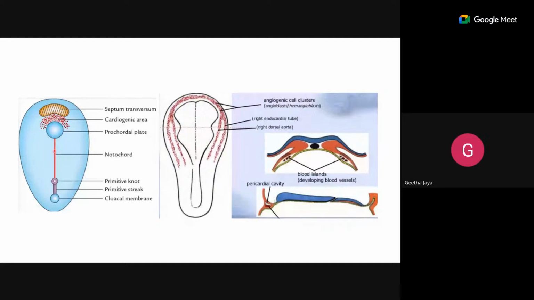Because of these structures, there is a cranial fold and caudal fold, also called the head fold and the tail fold. This is the craniocaudal folds. Like that, because you have somites developing on either side of the neural tube, there will be lateral folding. As a result, you have four folds, that is cranial fold, caudal fold, and two lateral folds, which converge on the ventral aspect of the developing embryo.